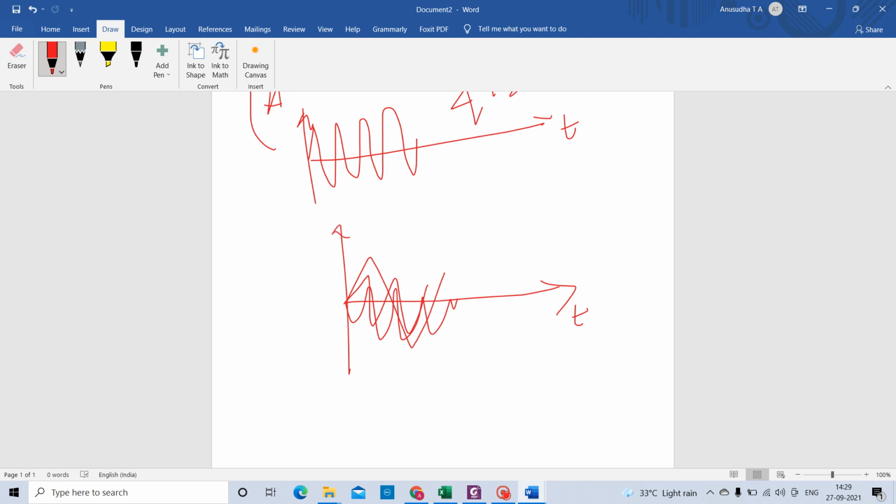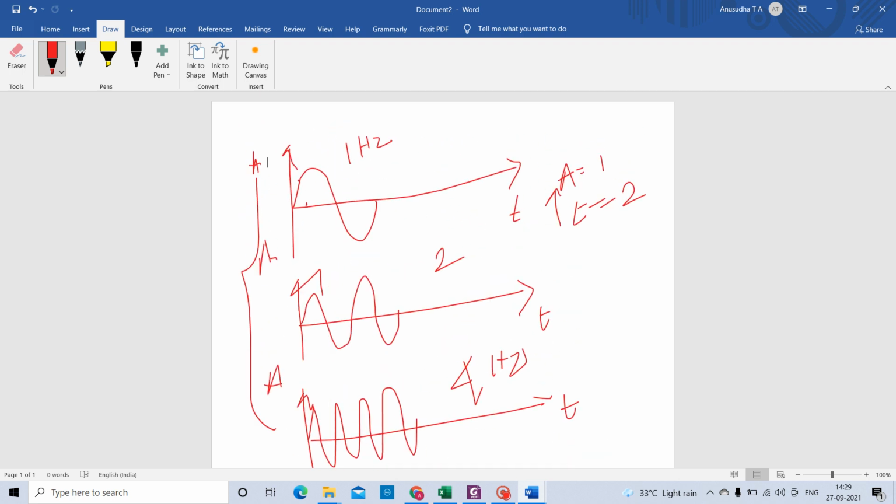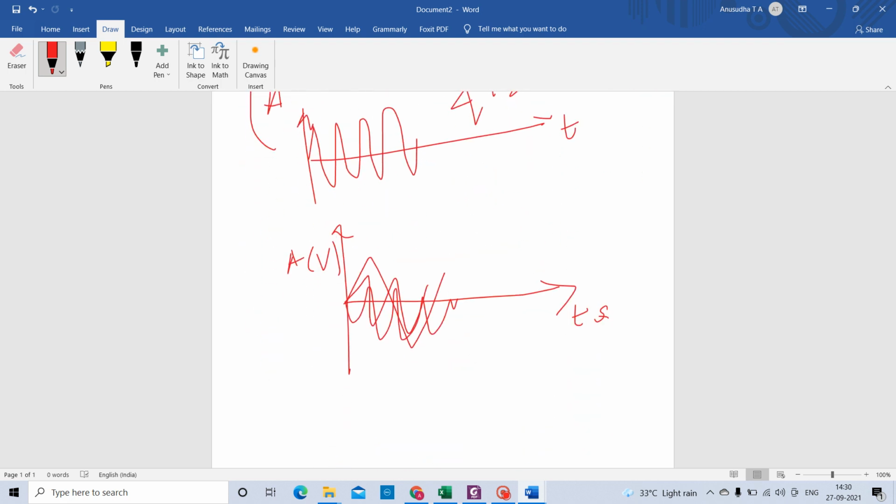The x-axis is time, the unit is second, and the y-axis is amplitude. If it is in voltage, the unit is volt. Here I have to find the amplitude at t equal to 2 second. In this graph, it is very difficult to determine the amplitude at a particular time. For example, if t is equal to 2 second, it will come here, so it is overlapped.